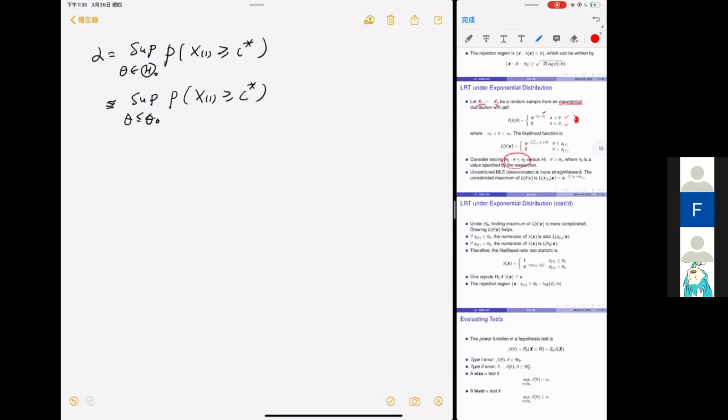Okay, good. Then how do I find it? First of all, I do know about this, right? This is the probability of x1 bigger than c star, which means that this is what? X1 bigger than c star. That means everyone is bigger than c star.